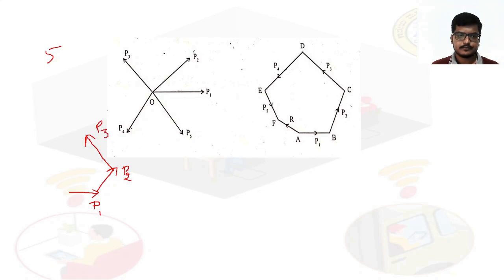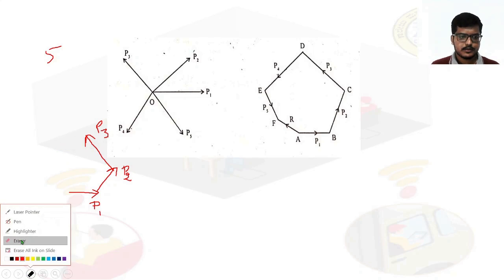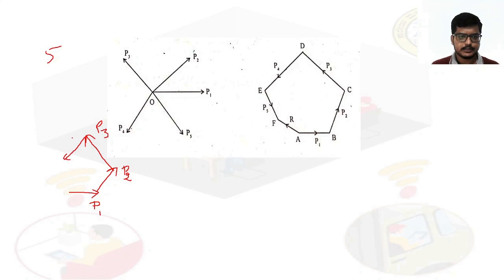So P3. Then P4, it is downwards like this. So P4 is taken like this.